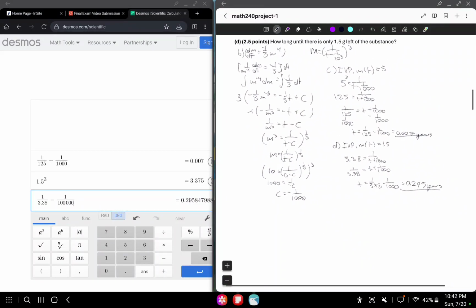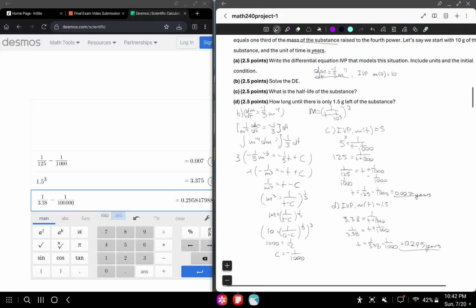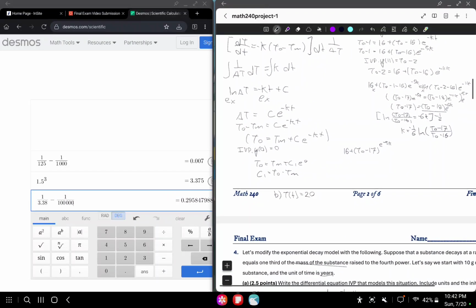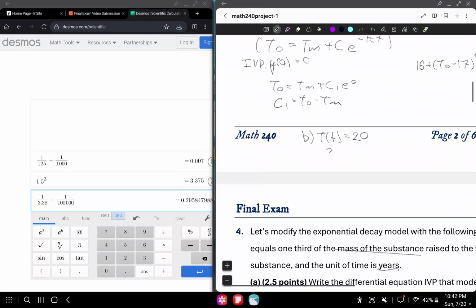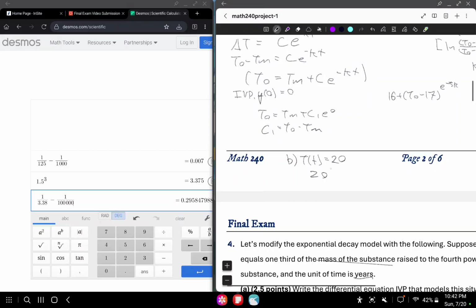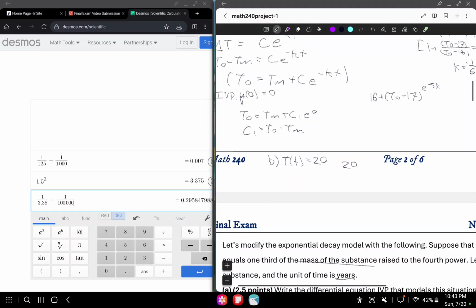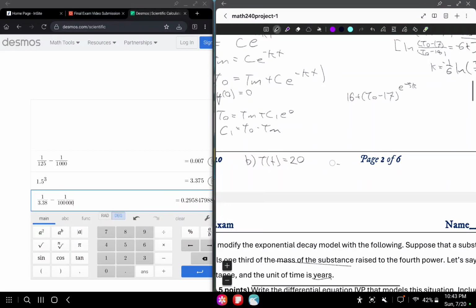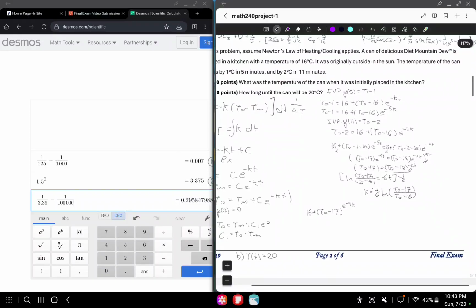How do I do this one? I don't have the initial temperature. I'll just cut it right there.